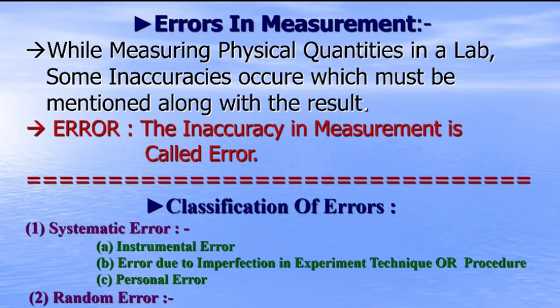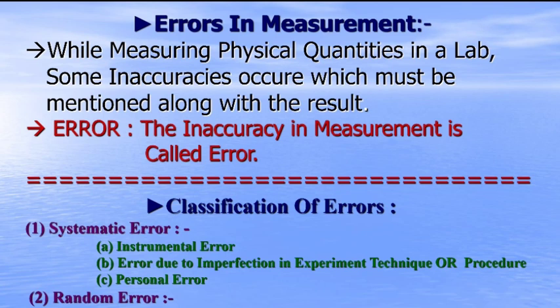Suppose you are measuring the length of some object, and you measure it as 2 centimeter, but the actual length of the object is 1.98 centimeter. Then the error produced by you is 0.02 centimeter. So this is known as the error.